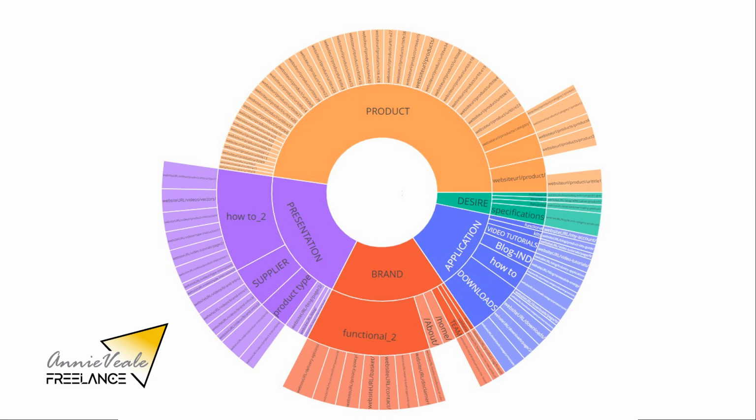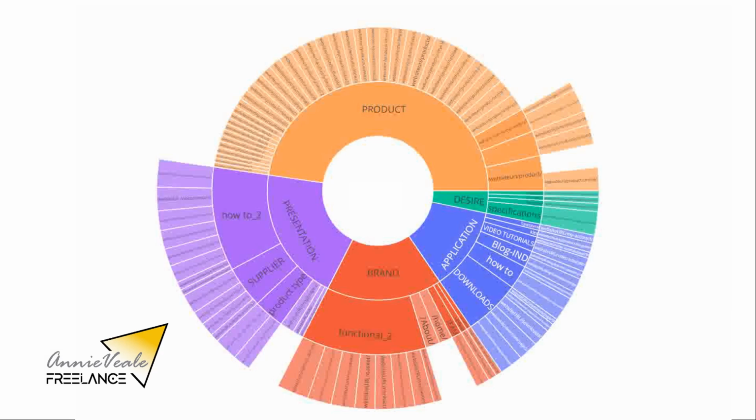So I've stripped out all of the categories and products relating to correctly attributed categories, which just leaves us with these incorrect ones here. So this is an e-commerce site, and therefore the product majority is perhaps greater than it would be for most others. But then desire, application, brand, and presentation being the remaining 4.